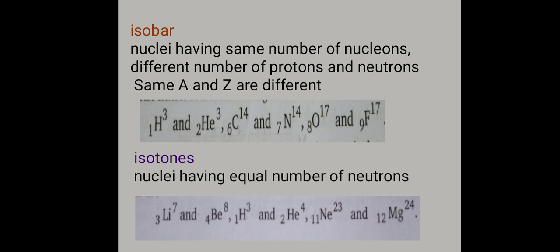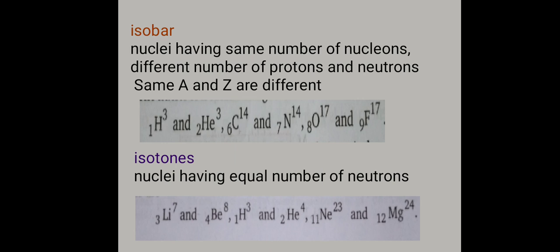If you check the examples, A will be the same and Z is different. For example, hydrogen 3 and helium 3: both have mass number 3, but different numbers of protons and neutrons. Examples are given; you have to study at least 2 such sets.